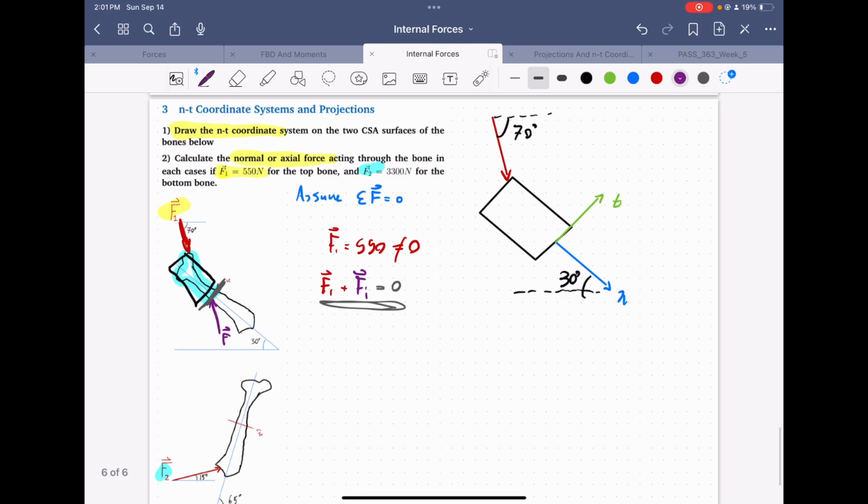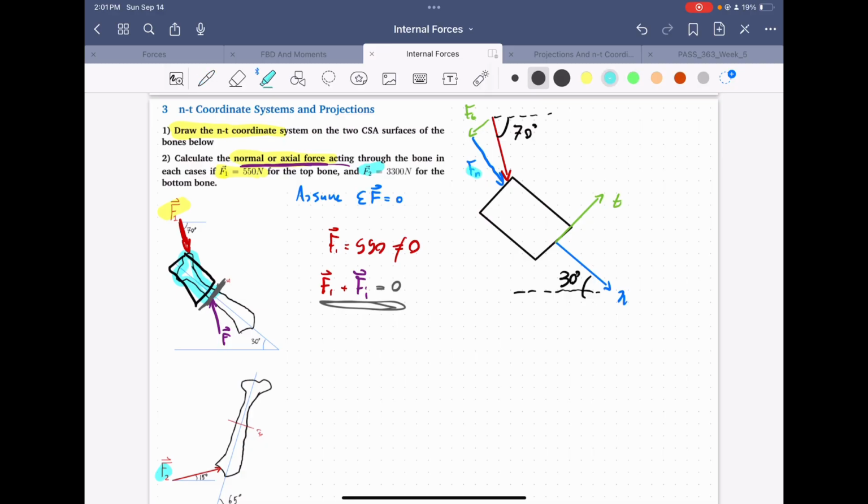And what do we find? We want to find the normal or axial force acting through the bone. So we know that this force can be broken down into a tangent component we can call Ft, as well as a normal component we can call Fn.